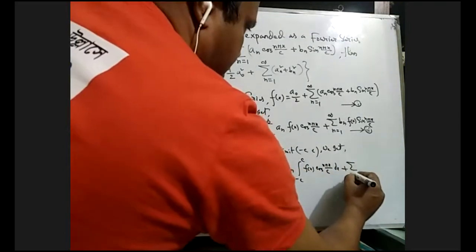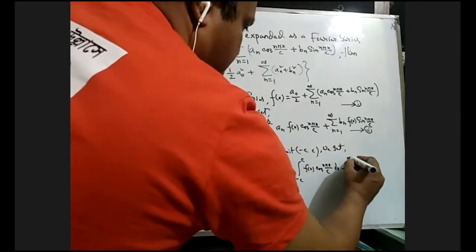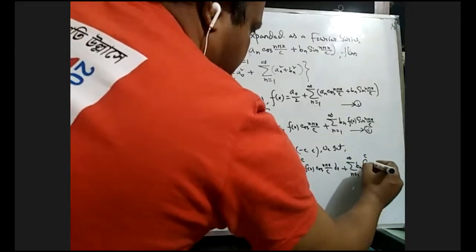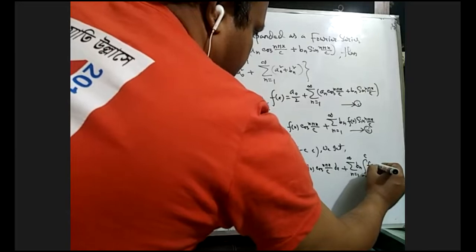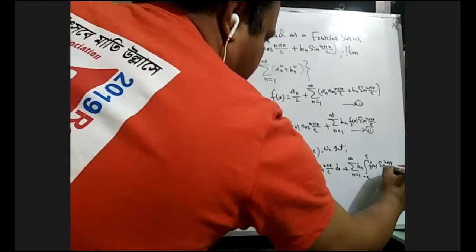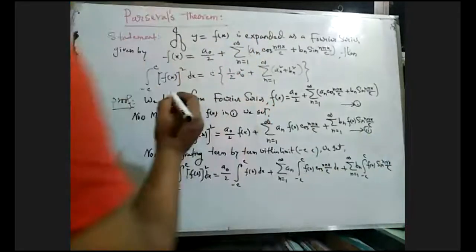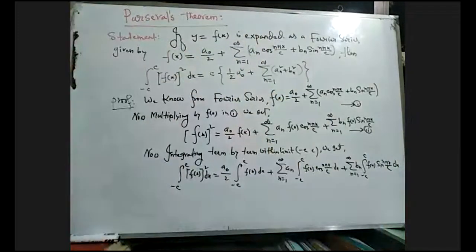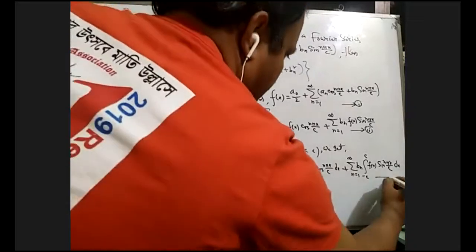Again, plus summation n equals 1 to infinity b n times the integral from minus c to plus c of f of x sin n pi x by c dx. So this is equation number 3.